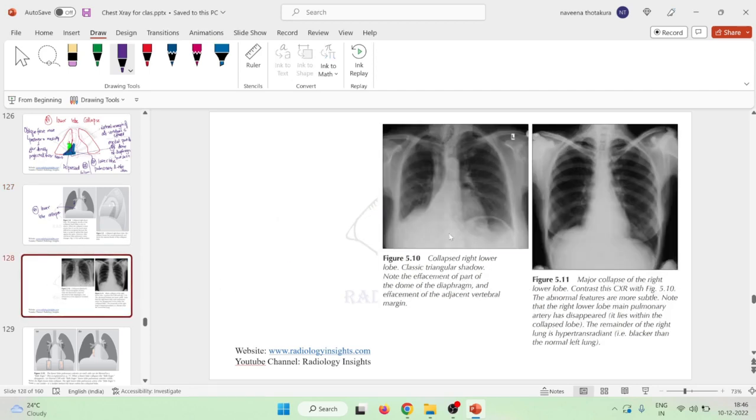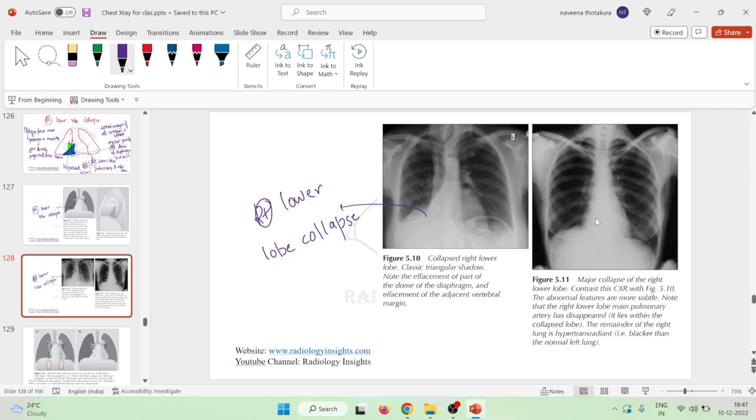Then this is the picture of the right lower lobe collapse, where there is the oblique fissure. Because there is collapse of this right lower lobe, it looks like a triangular density seen over the heart. Even the hilum is depressed, and you cannot see the right lower lobe pulmonary artery clearly.